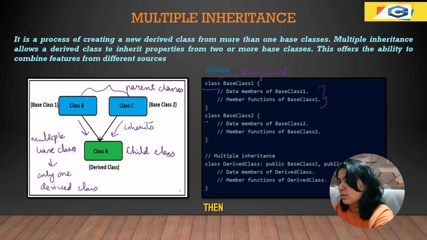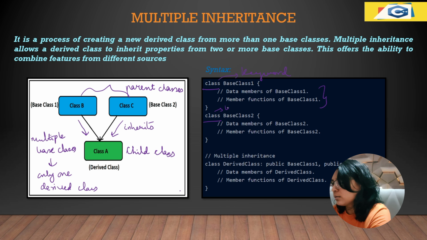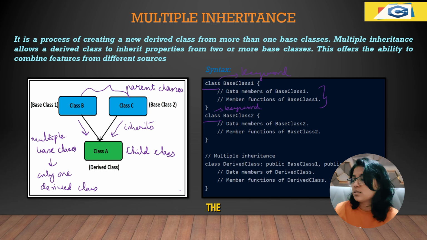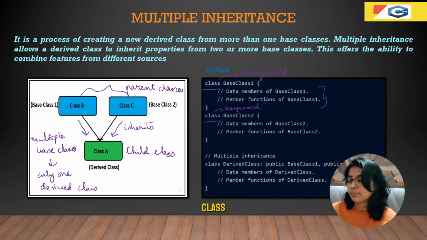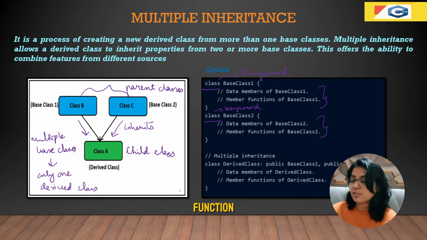Then we'll write the code for base class 2. Class again is a keyword. Base class 2 is the name of the second parent class. We have the data members and member functions associated with base class 2.